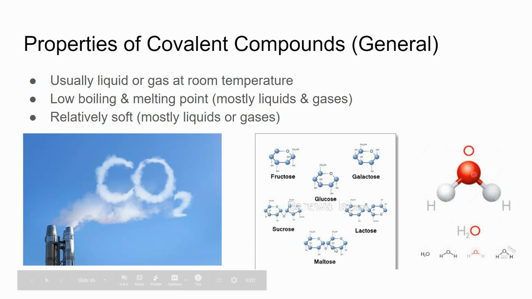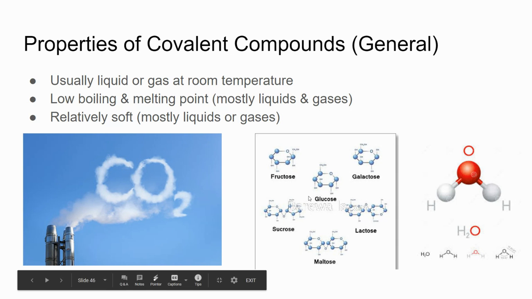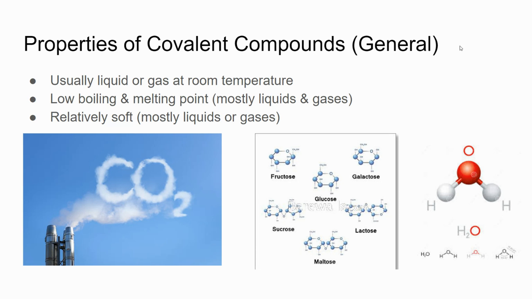Then we also have all these different sugars: fructose, glucose, lactose, maltose, sucrose. These are all sugars. We always ask how much sugar something has in it, and it could be any of these types of sugars. Typically, though, they are either a liquid or gas at room temperature.